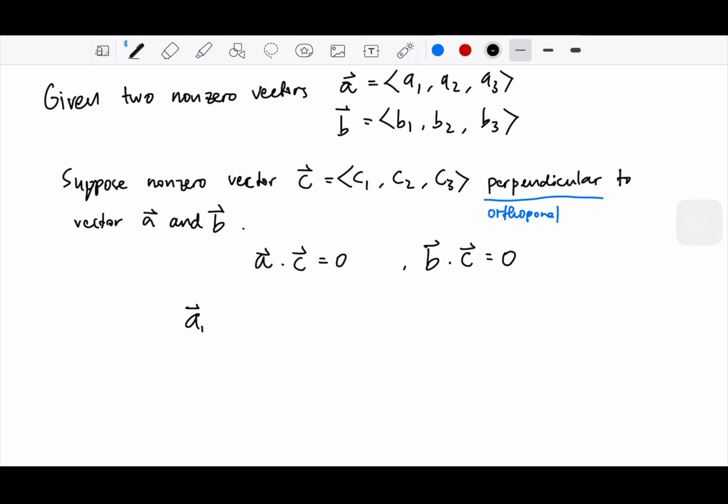A1 C1 plus A2 C2 plus A3 C3 is equal to 0, and B1 C1 plus B2 C2 plus B3 C3 equals 0.